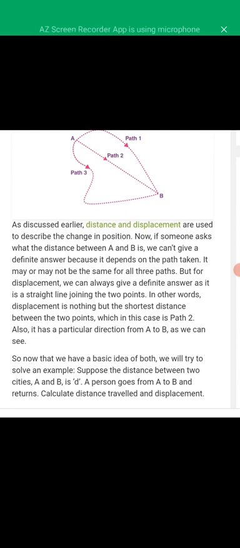It may or may not be the same for all three paths as explained above. The notes are very self-explanatory. They should give us a concrete idea of the difference between distance traveled and displacement. The basic difference is that distance is a scalar quantity, which has magnitude but no direction, like 4 kilometers, while displacement has both magnitude and direction. And that's a vector quantity.